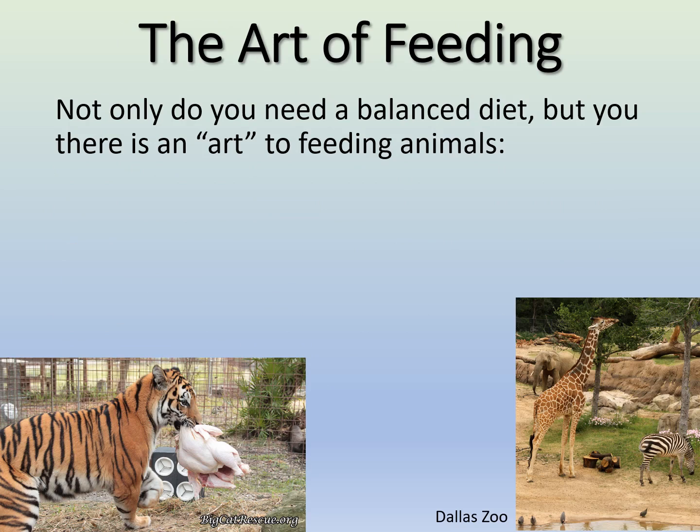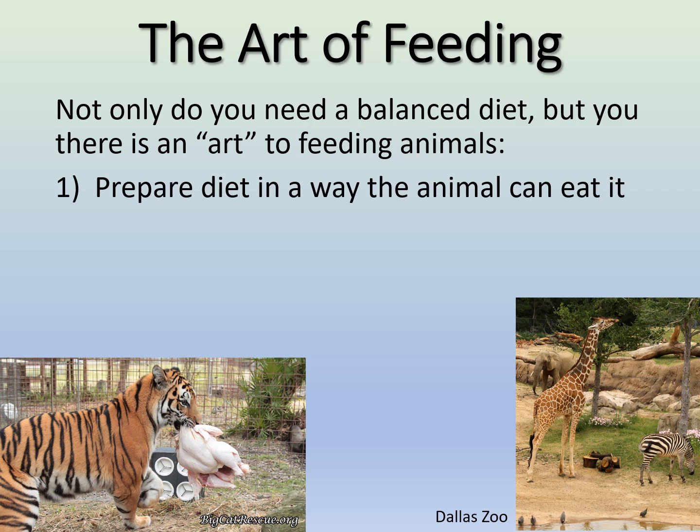So before we get into the nitty-gritty of nutritional requirements and things like that, there's really this idea of the art of feeding. And this really applies especially to you guys that are working in zoos and habitats that may or may not have multiple species at a time, exotic species. And so there's really this art of feeding where you're not really just worrying about the balanced diet, but you're worrying more about how does the animal actually acquire the food.